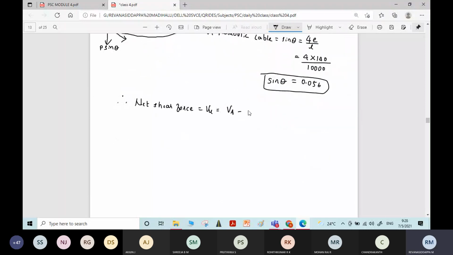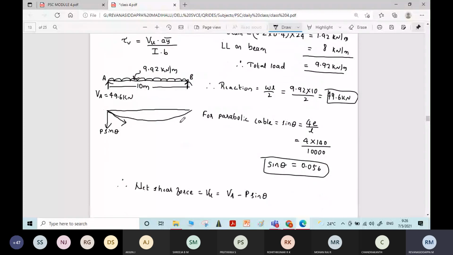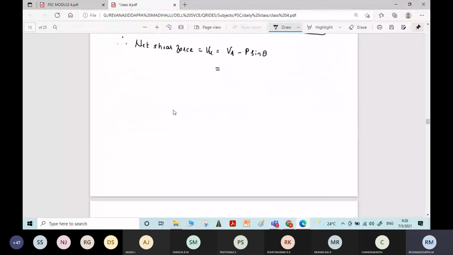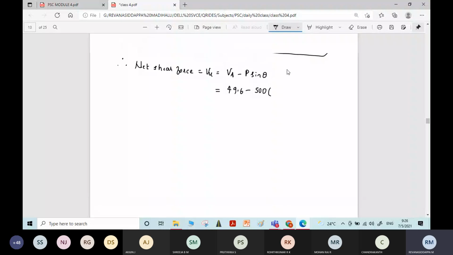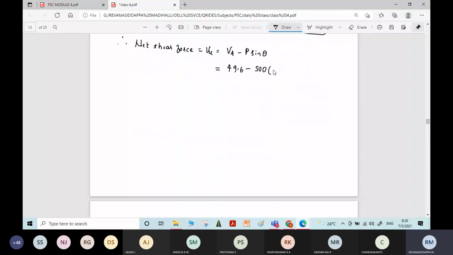VA is the reaction 49.6 minus P is 500 kilonewton, 500 kilonewton into the sin theta value 0.056.